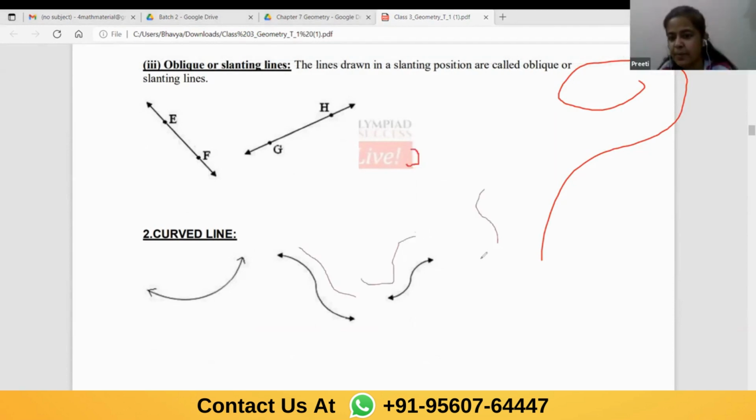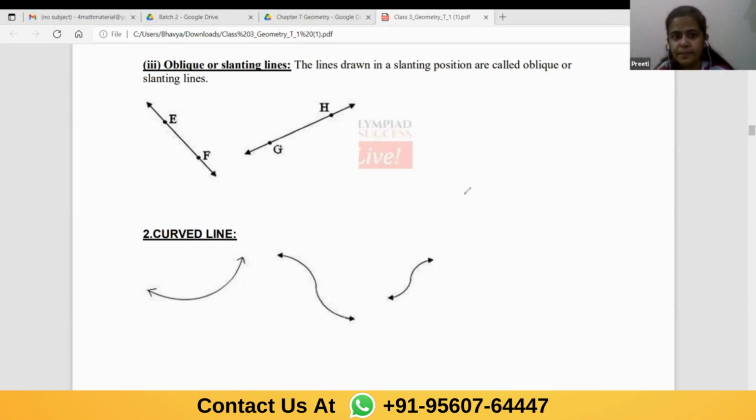I mean S shape. Wherein some circular line is involved, that is called curved line. That means it is not straight. Curved line is the one which is not straight. And straight lines are classified into three parts, either horizontal or vertical or slanting. So the line which is not straight is called curved line.